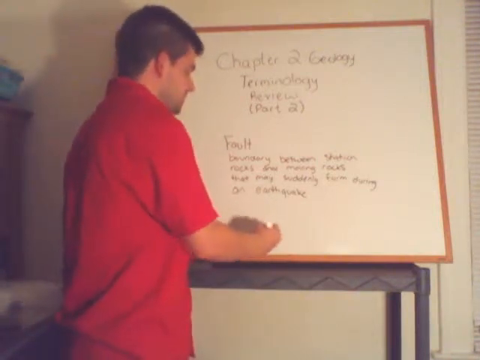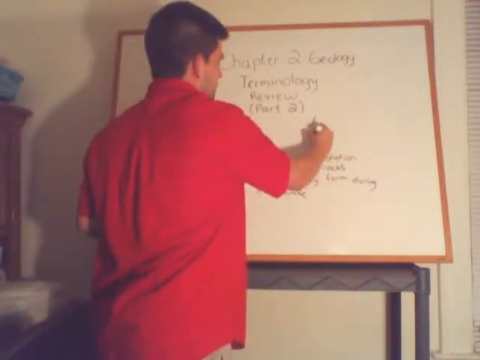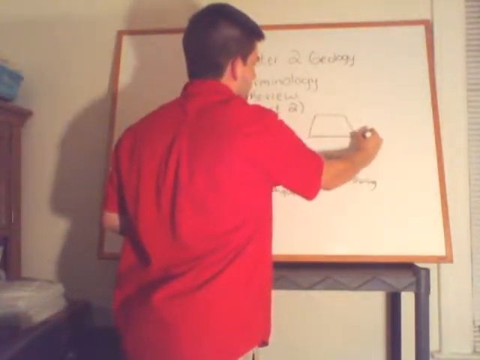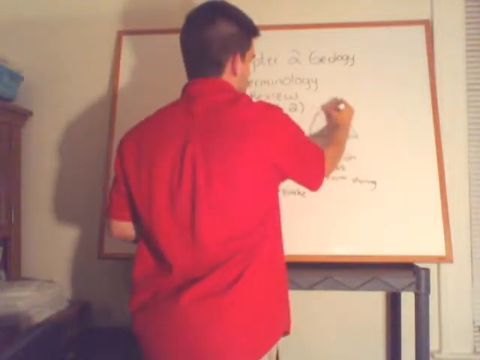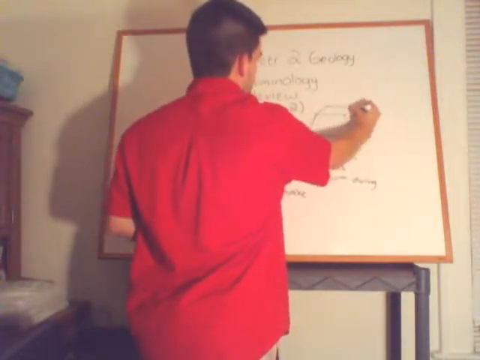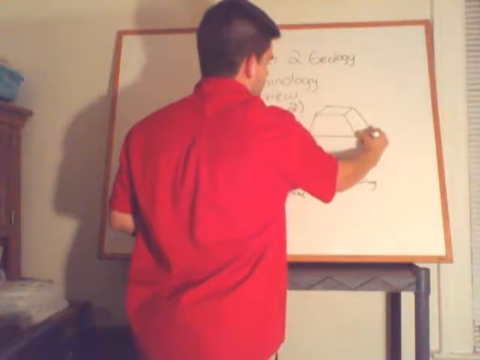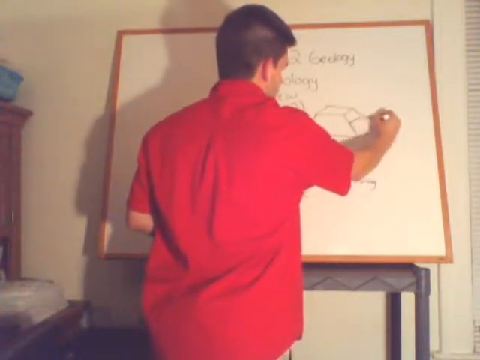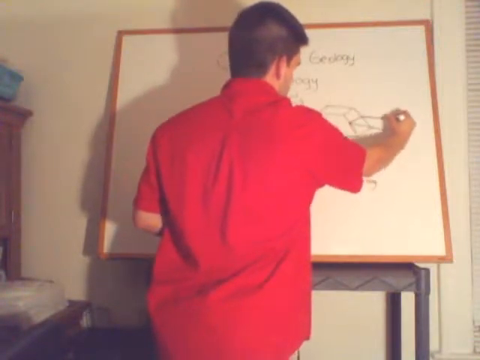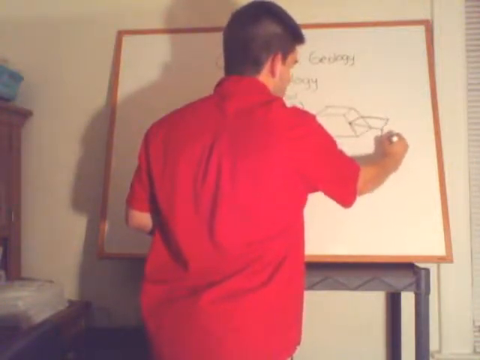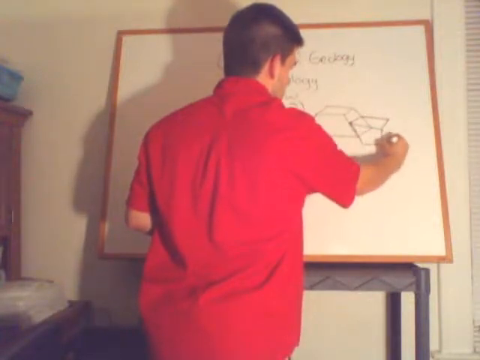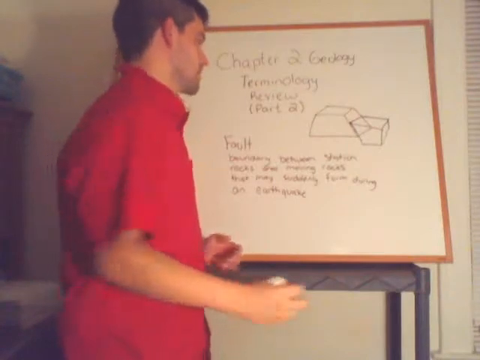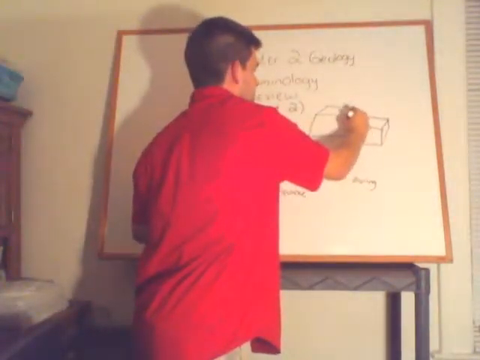So what we're basically looking at here is this idea that if we have part of the earth set up like this, this fault line is going to be right here.